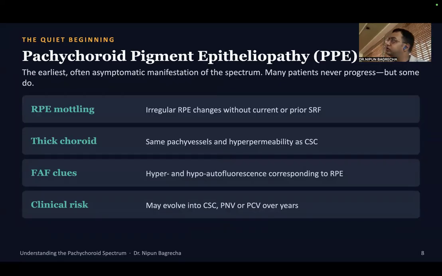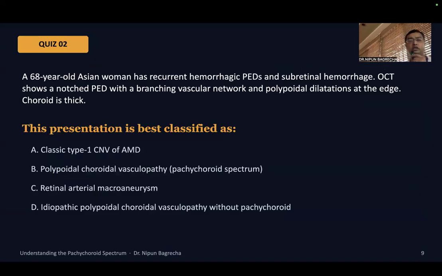Sleep apnea is associated with CSR and repeated CSR can be linked to it. Yes, a very nice point regarding the obstructive sleep apnea, and we should keep that in mind. And regarding pachychoroid pigment epitheliopathy, as Sudhanshu sir mentioned, there were irregular RPE changes with a hyperreflective RPE bump, small RPE detachment less than 100 micrometers.